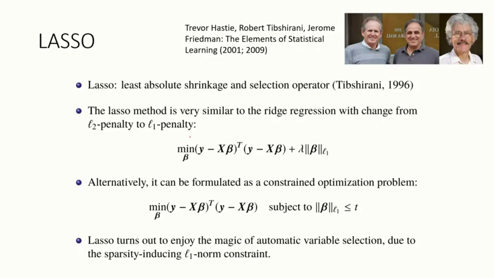introduced by Robert Tibshirani in the 1990s. Their solution is to add another term in this regression loss function. What they add is this norm term. This norm term is the L1 norm, which is basically the summation of the absolute values of beta.